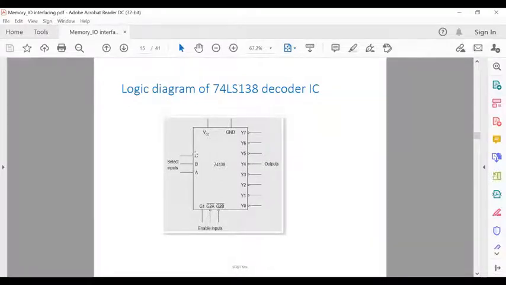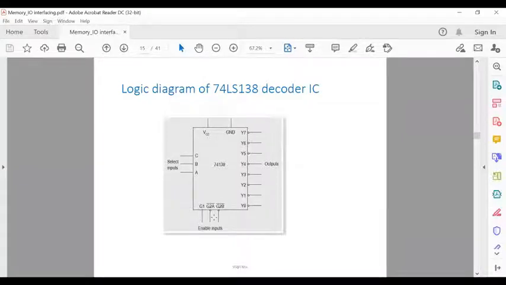It also has 3 enable inputs: G1, G2A bar, and G2B bar. Among these, 2 active low enable signals are used, which are G2A bar and G2B bar.